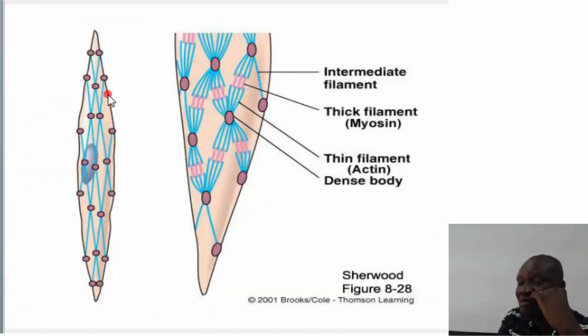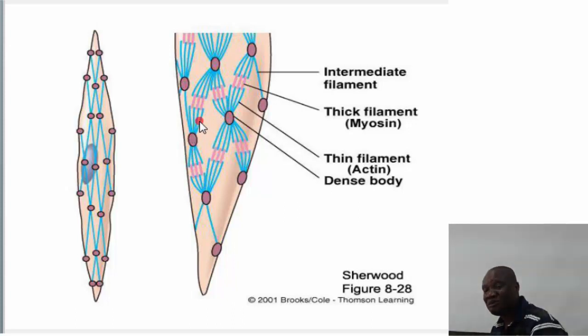Now, the smooth muscle cells have contractile elements, the thin and thick filaments. The thin and thick filaments attach to what we call dense bodies. Dense bodies are found in the sarcolemma or in the sarcoplasm.